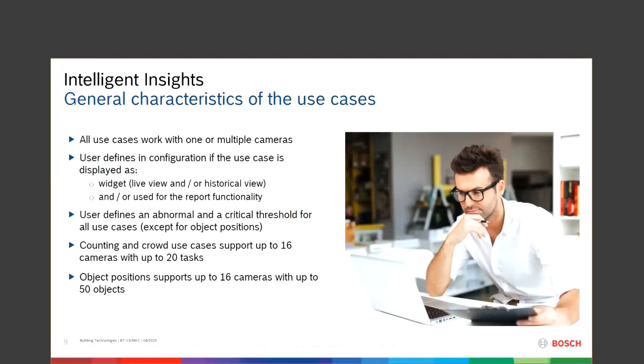For object positions, the one where you put the map, you can place up to 16 cameras, and the system is capable of simultaneously tracking up to 50 objects at once. But there will be more, and you will see it more directly in the demo.